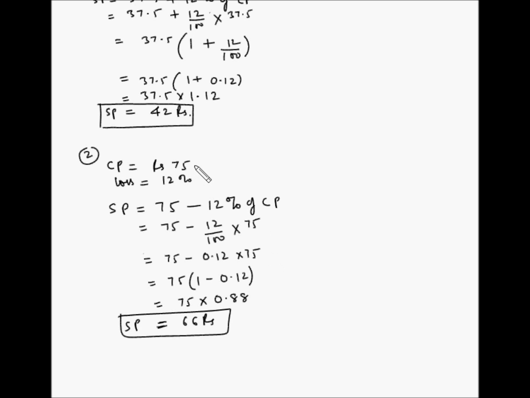So here the cost price was 75 rupees and at a loss of 12%, so the selling price is 66 rupees. Now if we have to calculate this real quick, we know the cost price and we know the loss percentage. So what we can do is we can take the cost price, let's say this is 75, and multiply this by 1 minus 0.12, which is 75 multiplied by 0.88, which will be 66 rupees.